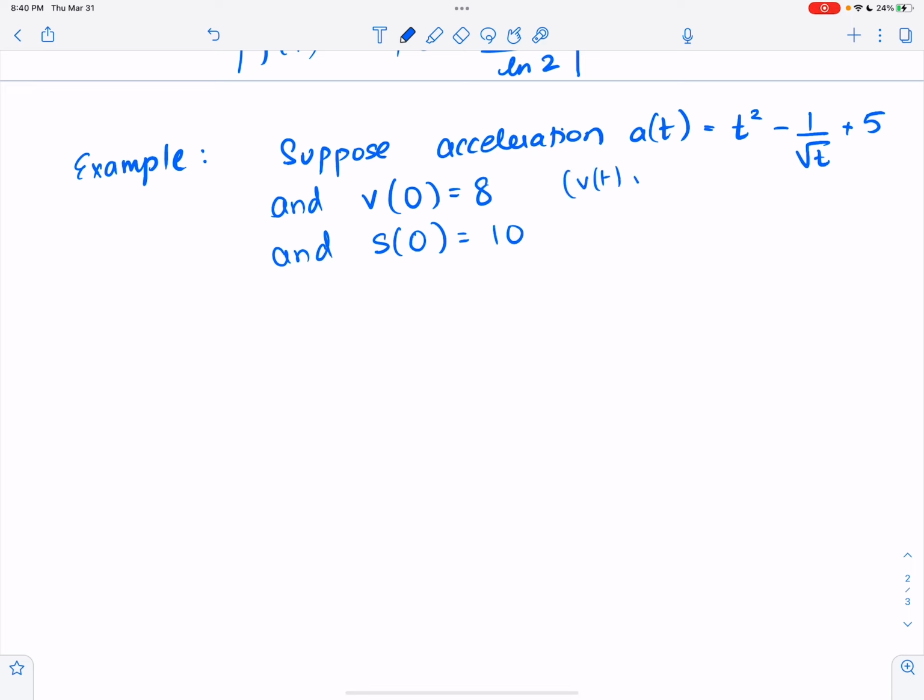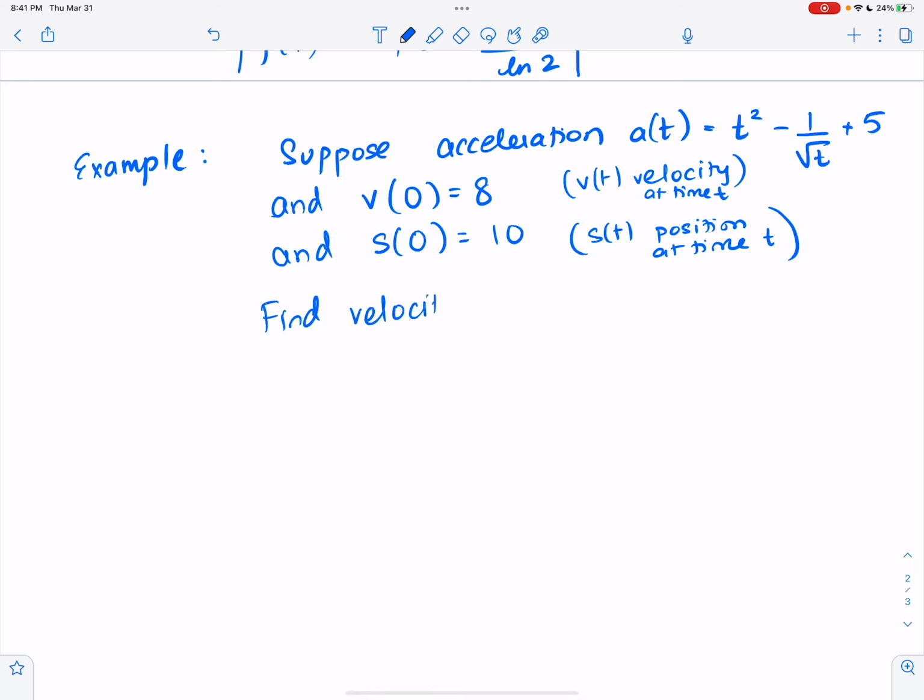V of t is the velocity at time t, and s of t is the position at time t. Okay, so what you need to do is find the velocity and position functions.